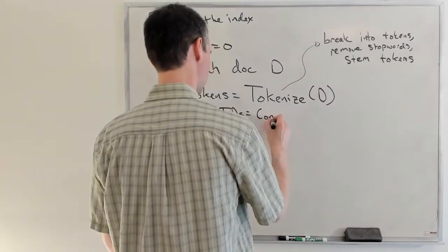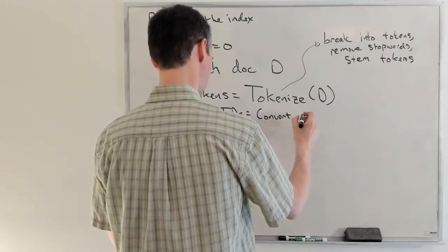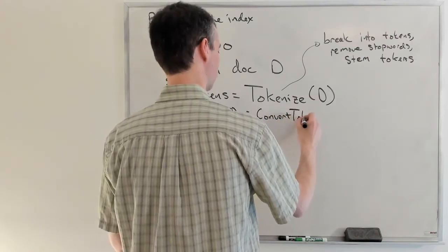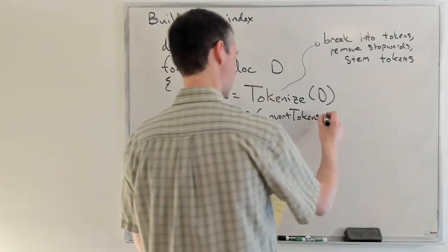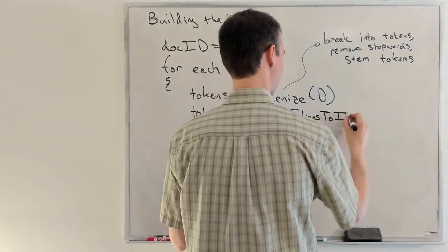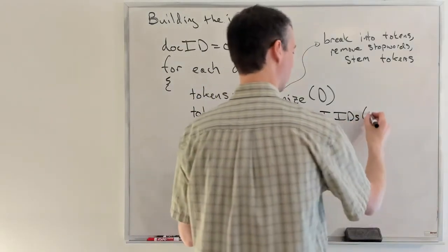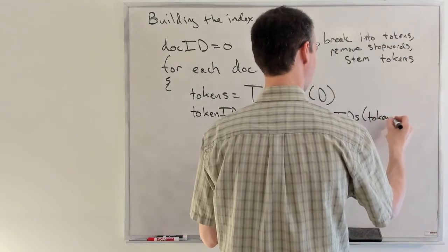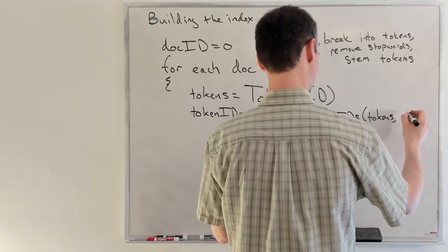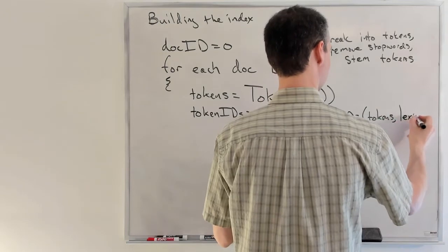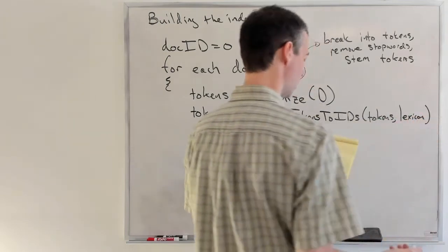Nicely break this into 2 steps. So let's make a method convert tokens to IDs, and we're going to pass in the tokens, and we're also going to pass in our lexicon. What is our lexicon?